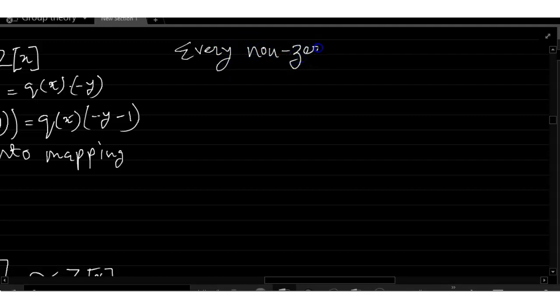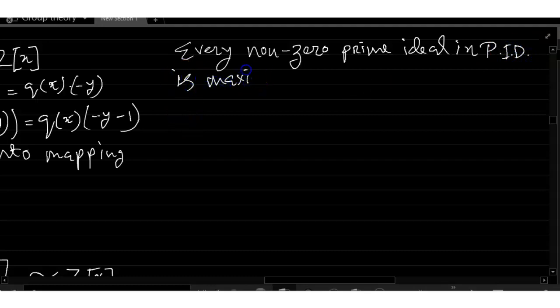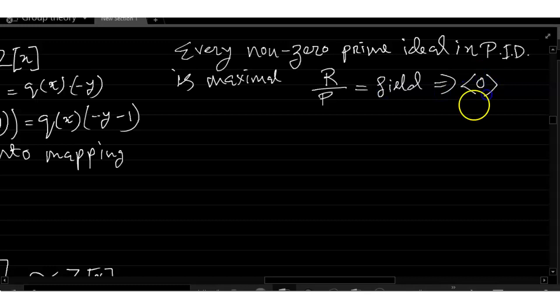Now we discuss that every non-zero prime ideal in a PID is maximal. That is, for a prime ideal P, R/P is a field, which implies this is so.